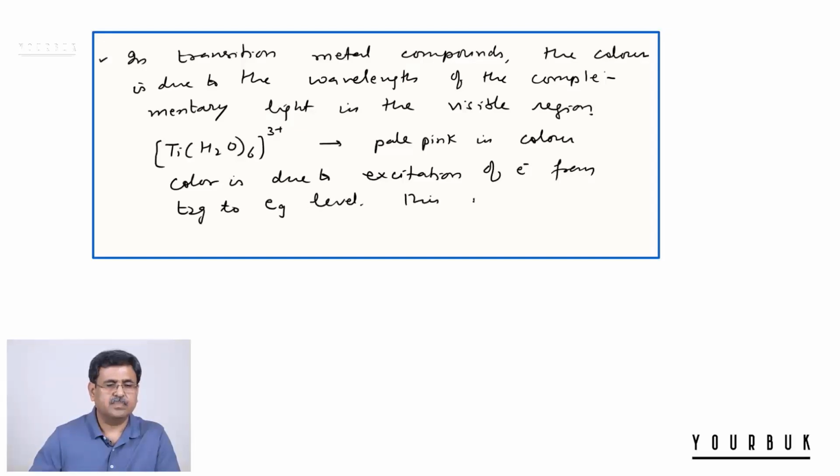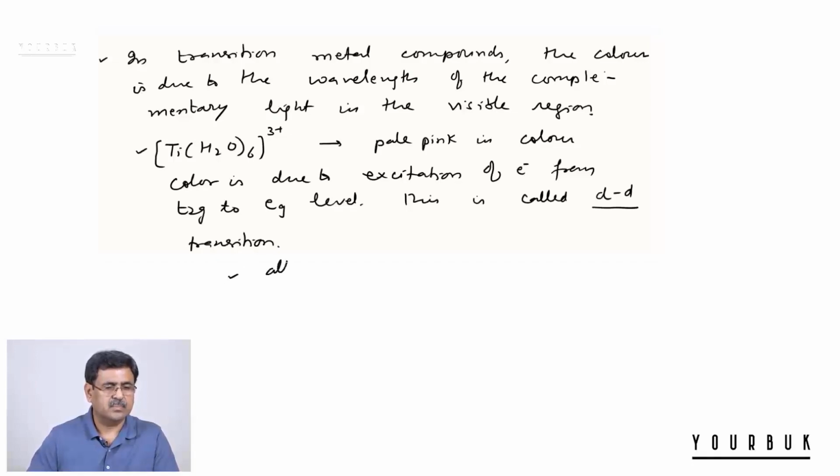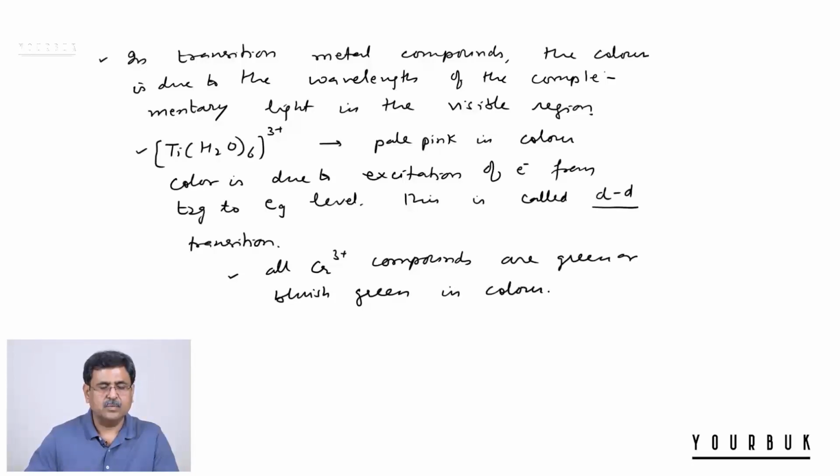This is called d-d transition. Similarly, all chromium 3+ compounds are green or bluish green in color. Again due to d-d transition.